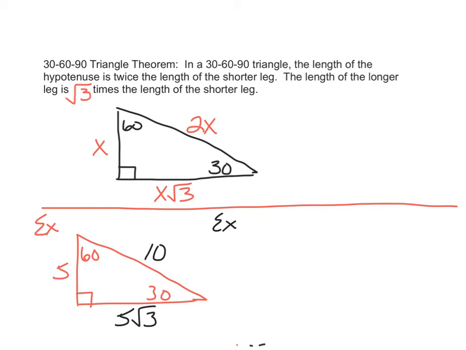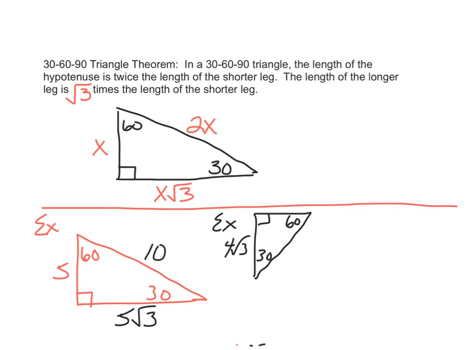I promise I'm not going to try and hurt your brain here. Let's say we do a triangle like this, and this is 30, and this is 60, and let's say I tell you that this is 4 root 3. Opposite 60 is 4 root 3.